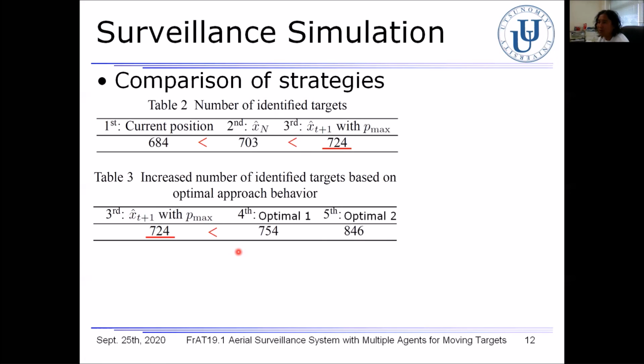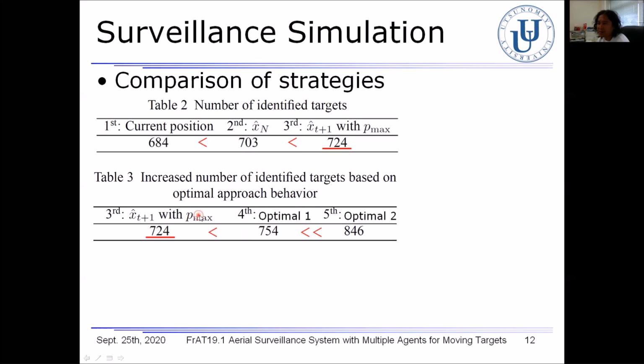Moreover, although the fourth and fifth strategies were optimal, the number of identified targets based on the fifth strategy was increased by approximately 100 compared to the fourth strategy. So this result indicates the effectiveness of taking the encounter area into account. In other words, the searchers successfully identified the most targets by ignoring the cells outside the encounter area.